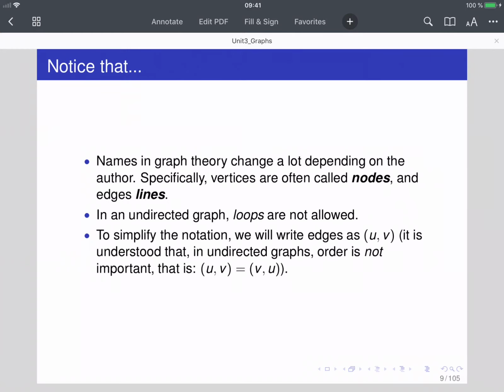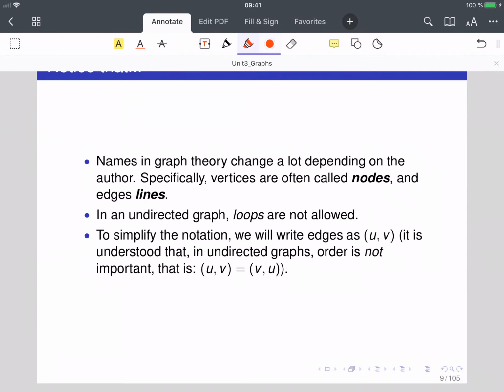So always be sure to check what the authors are calling each of the concepts that we are studying here. Another thing that you need to notice is that we do not accept loops, that is connections of a vertex with itself, in our definition of an undirected simple graph.